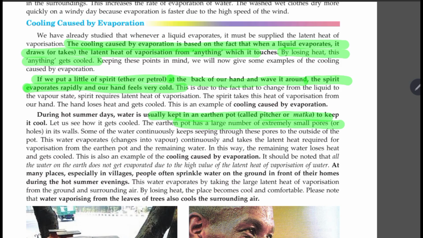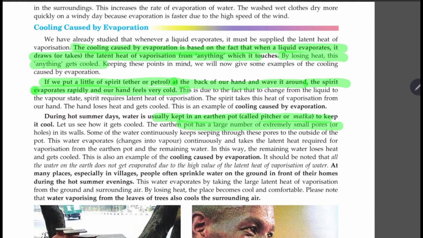The water sweeps out, it drips out, and what happens is the water comes to the surface and gets evaporated gradually, taking the latent heat from the earthen pot, okay, and the remaining water. Thus, the remaining water inside the earthen pot becomes cool. So, this is known as seeping of water also through the pores. So, let us see. Some of the water continuously keeps seeping or dripping through these pores to the outside of the pot.